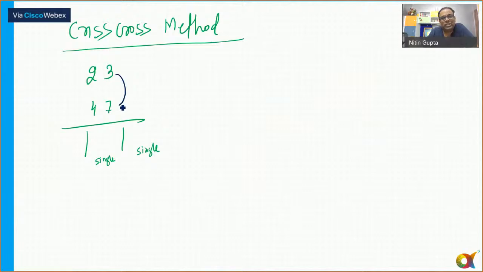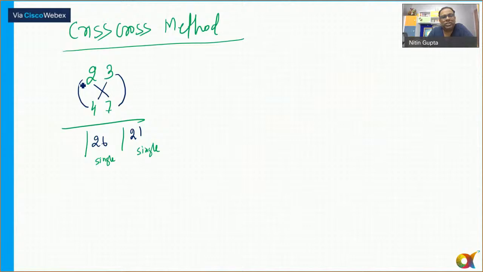Multiply these two, 3 into 7, 21. Write down 21. Now, 2 into 7 plus 3 into 4. 2 into 7 is 14, 3 into 4 is 12. So 14 plus 12 is 26. Write down 26 in the middle.